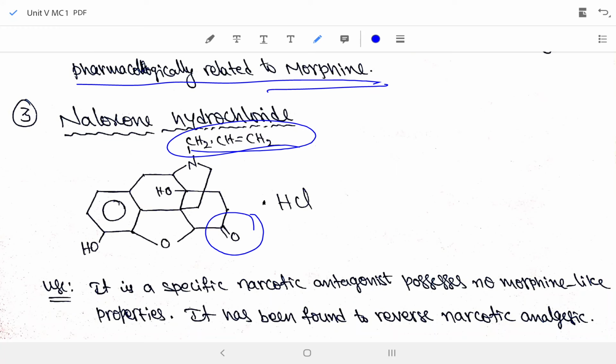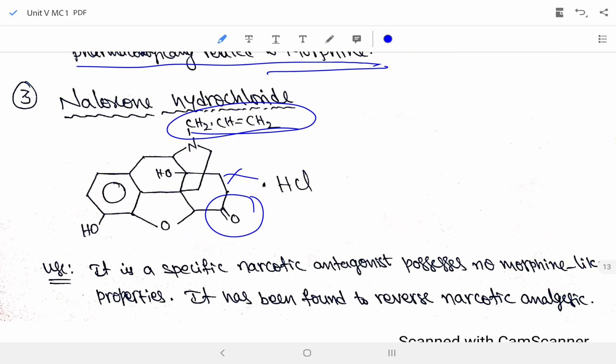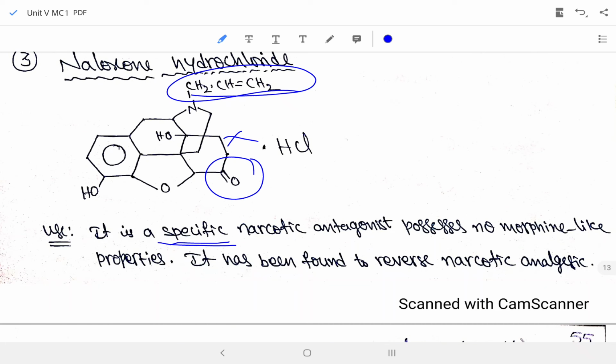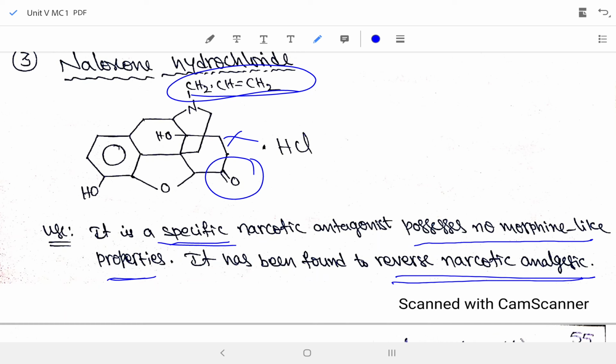And if you see another change, there is no double bond unlike nalorphine. That is the structural difference among these three structures. You have to remember them and practice them. It is a specific narcotic antagonist, possessing no morphine-like properties. It has been found to reverse narcotic analgesics. These drugs are usually used in opioid poisoning.